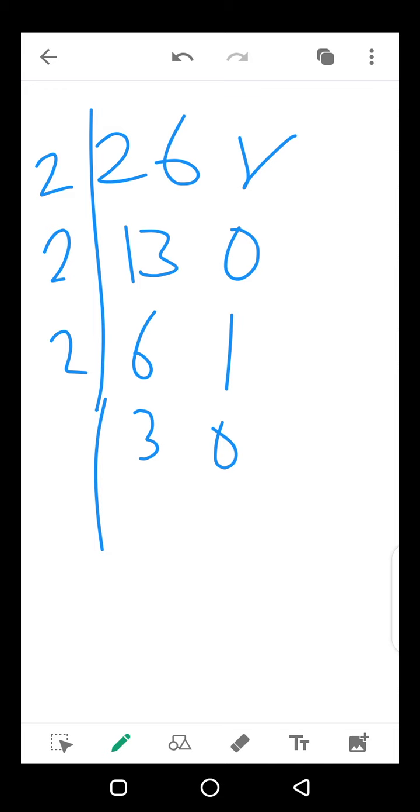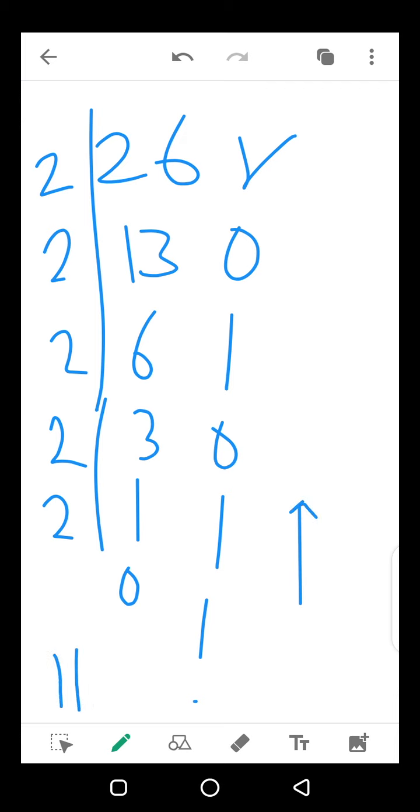And then 3 divided by 2, we get 1, remainder 1. And then 1 divided by 2, we get 0, remainder 1. So when we count up, we are going to have 11010 in base 2.